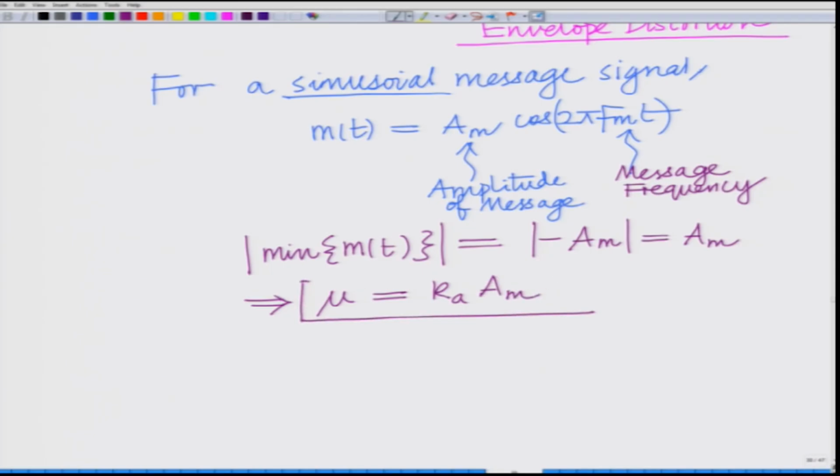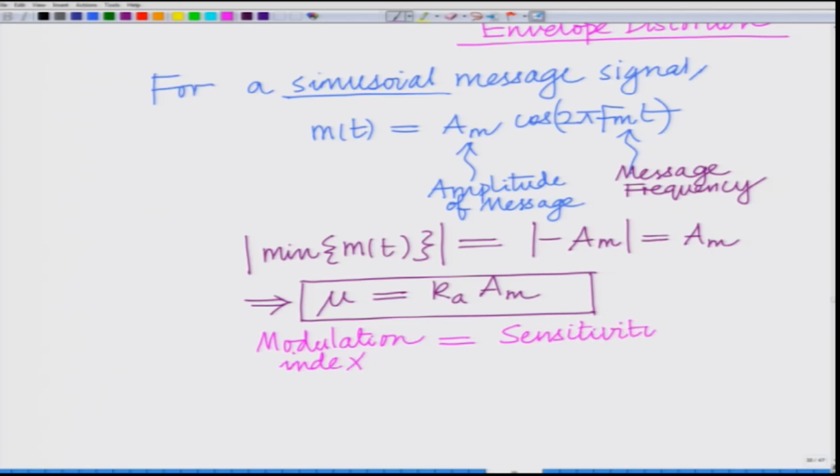Which means the modulation index equals the sensitivity times the amplitude for a sinusoidal message signal.